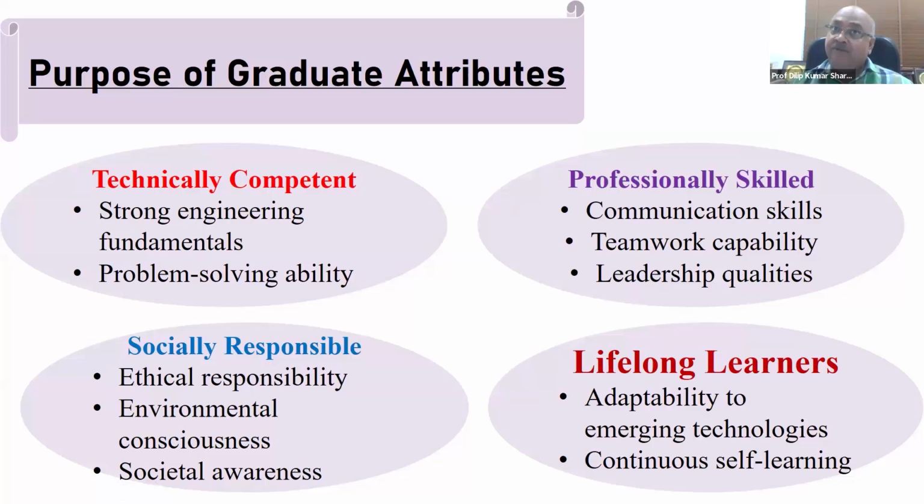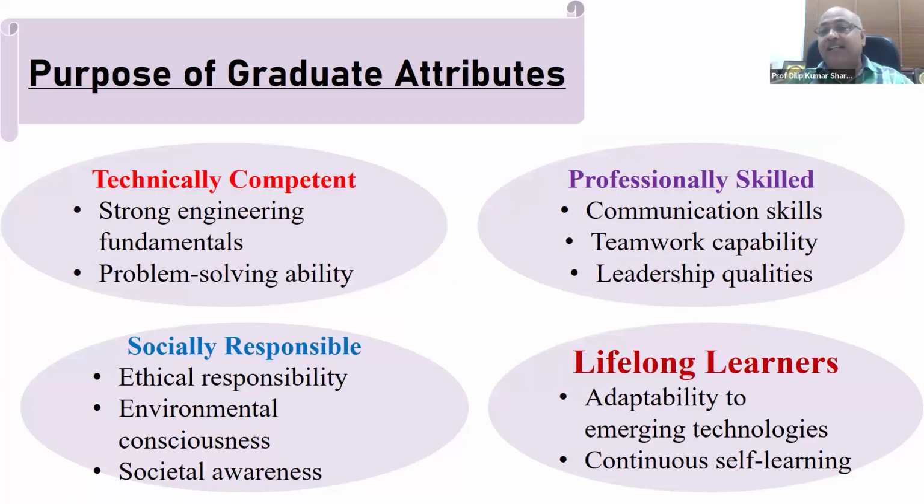This is a key aspect of placement also. Whether it is part of the course curriculum, less or more, you have to give 100% focus. Out of many things, 100% focus is on communication skill.